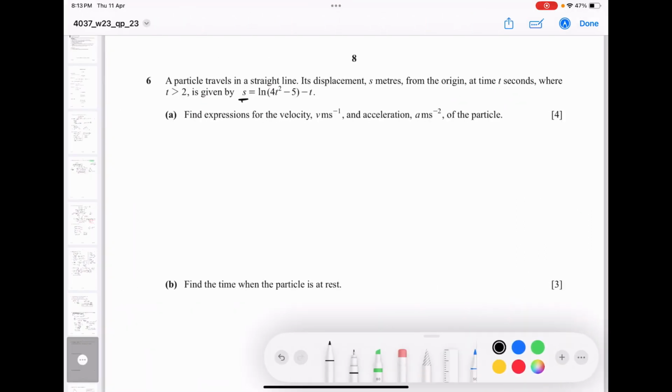This is for displacement, so s equals ln of 4t square minus 5, minus t. If s is differentiated, we will have velocity. If v is differentiated, we will have acceleration.